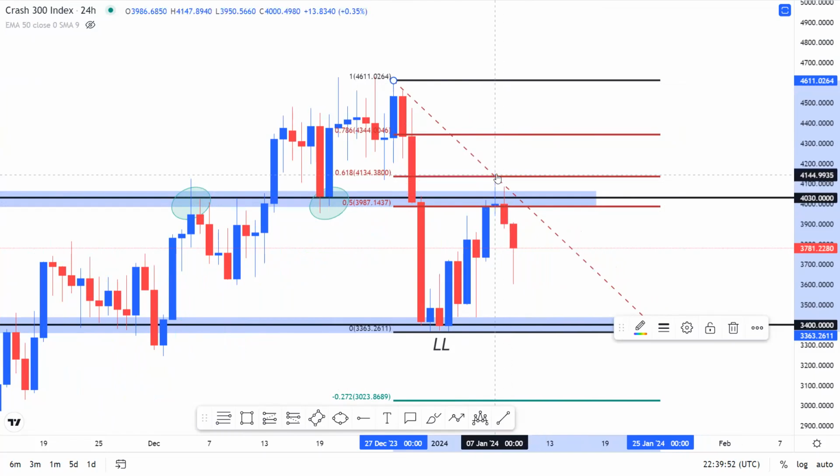And then we had this nice rejection candlestick from the Fibonacci retracement level 61.8. And then we had a nice daily rejection candlestick off of the psychological round number, 4,000.